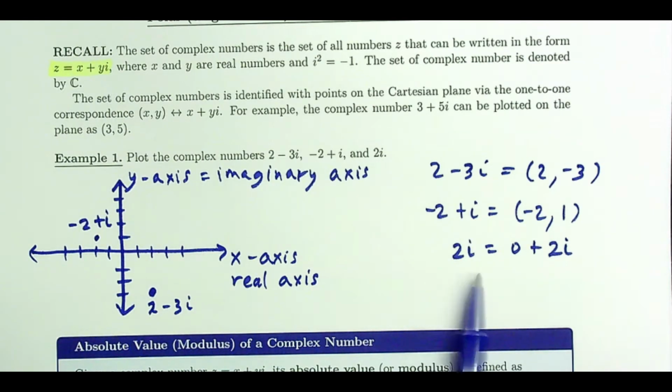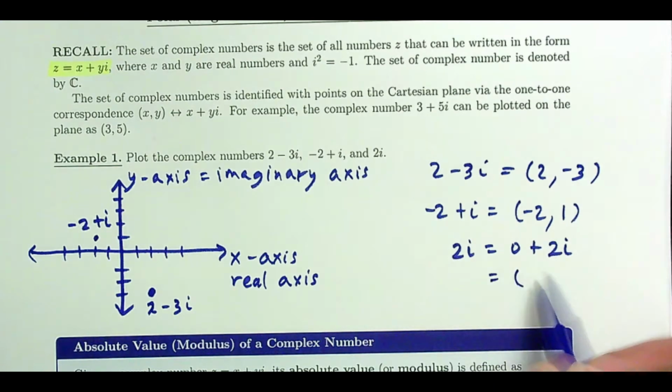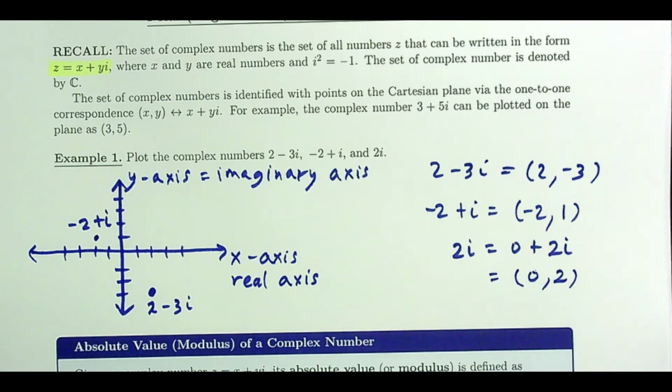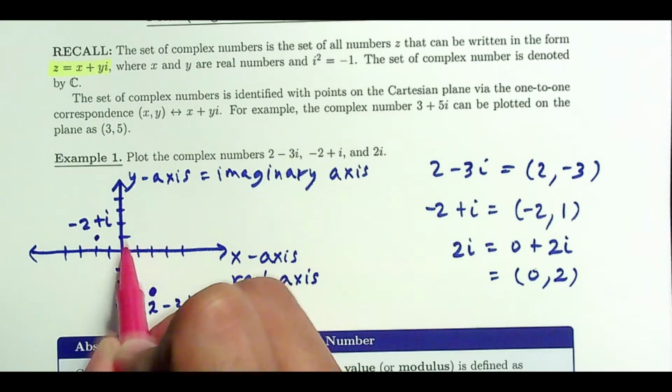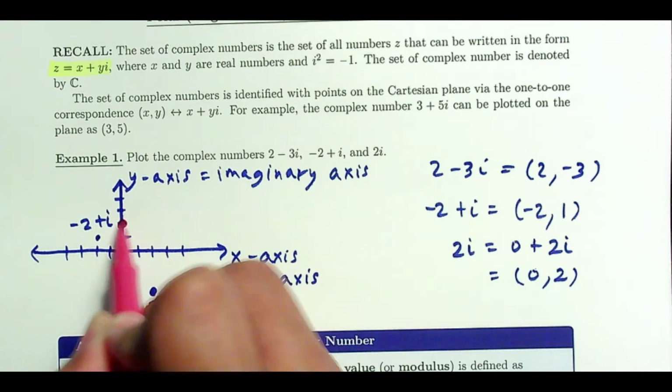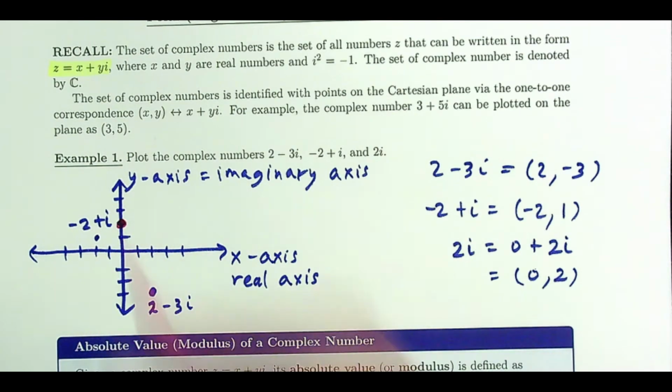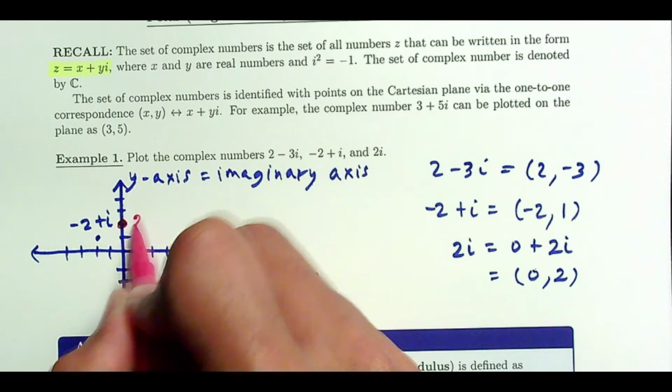So I have to write this like 0 plus 2i, and then I can see what the coordinates are. The coordinates are 0 comma 2. So let's plot that. 0 comma 2 is right here, and that is the point 2i.